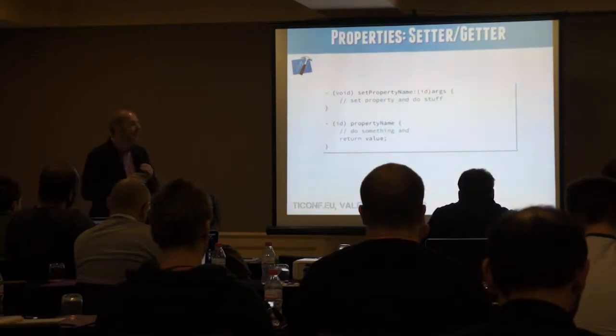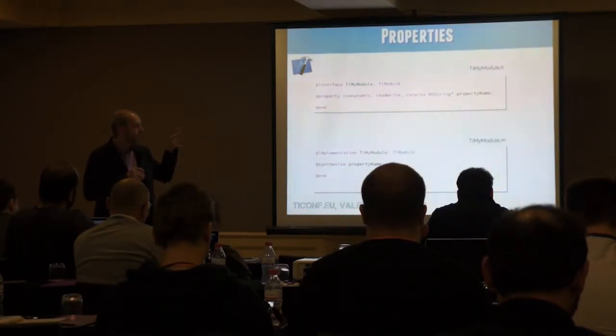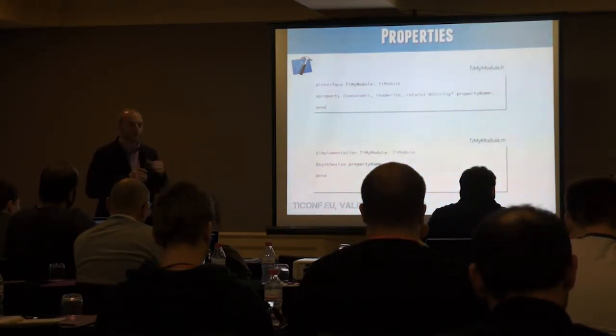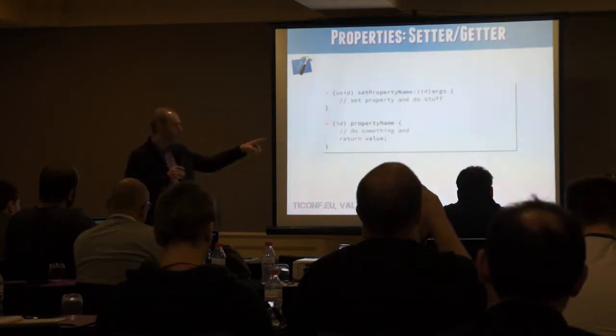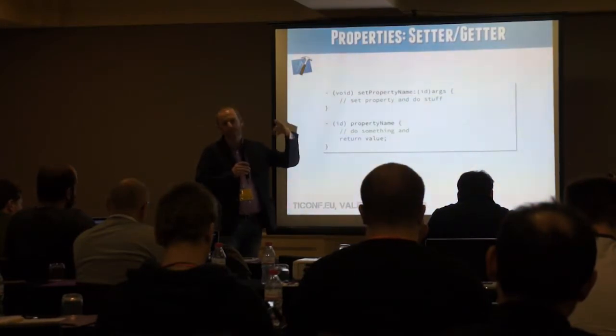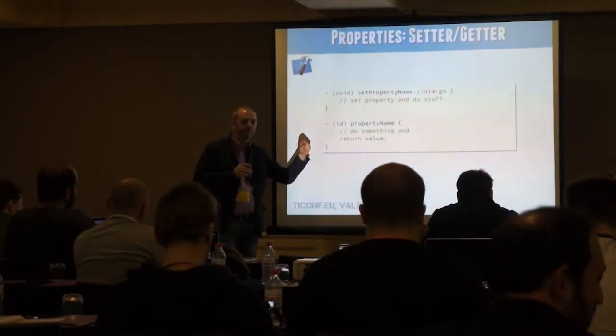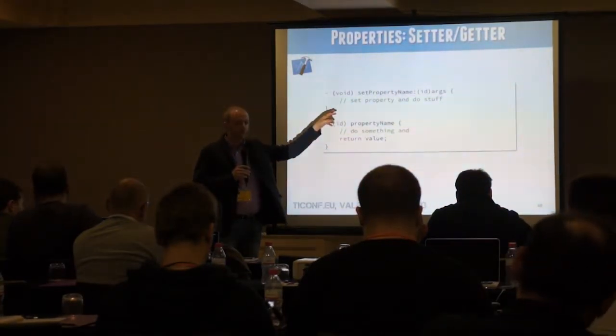It depends what kind of stuff you need to do with the property. If you need to do more complex stuff with the property, for example here, you set a value but also do something else, for example notifying a view that something has changed and so on, you use this.